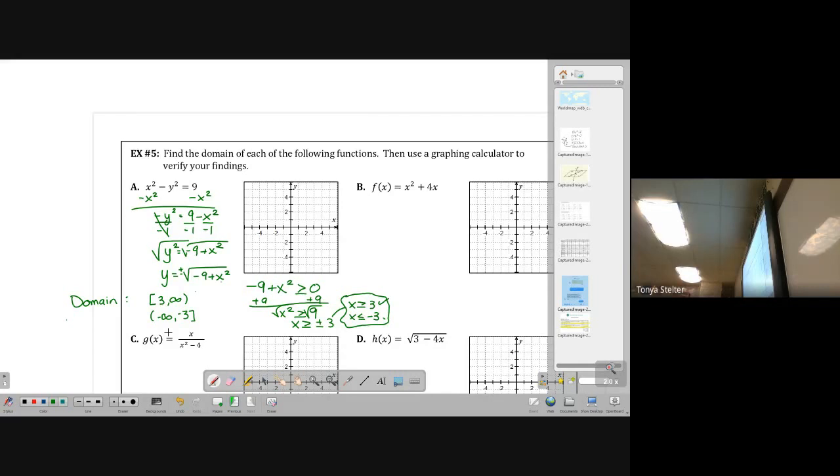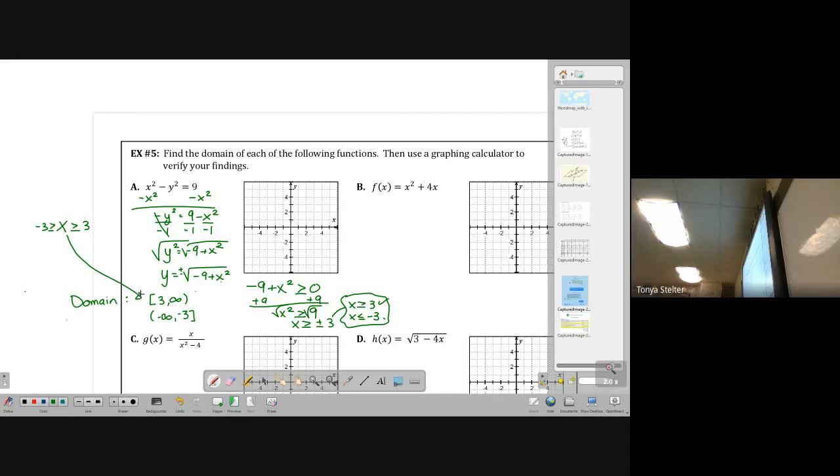So that's interval notation. You could also, if you did it as a compound inequality, say it like that. But generally speaking, you'll see it with the brackets and the parentheses.